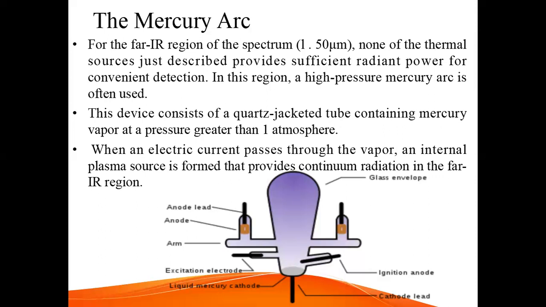And the lead cathode is also present, and there is an ignition anode. Means there are three kinds of anode: lead anode, simple anode, and ignition anode. And there are two types of cathode: liquid mercury cathode and the lead cathode.